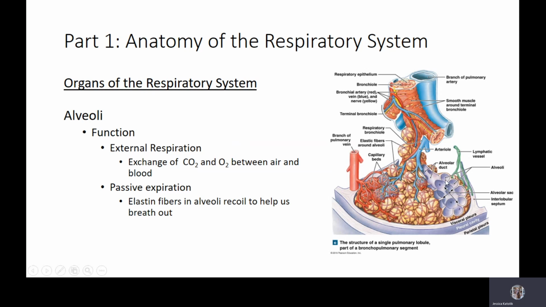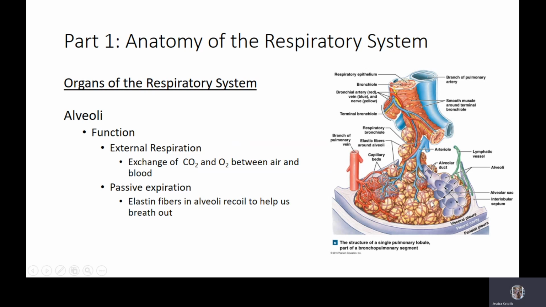And so essentially, what is the structure of the alveoli? The alveoli are going to be composed of simple squamous epithelium. So it's going to be those very thin cells that are very effective at diffusion. That ability to do good diffusion is essential for allowing the carbon dioxide and oxygen to cross the cells.